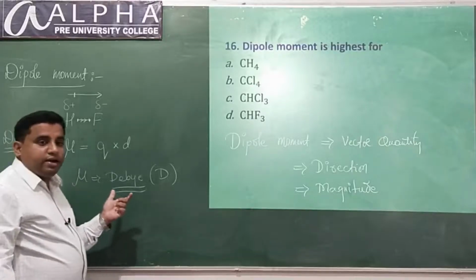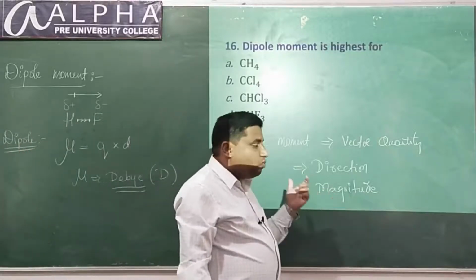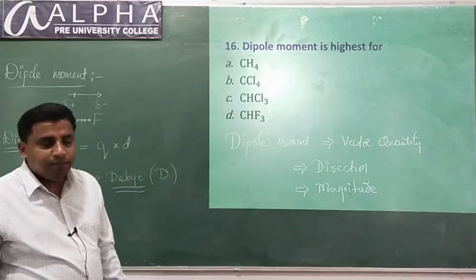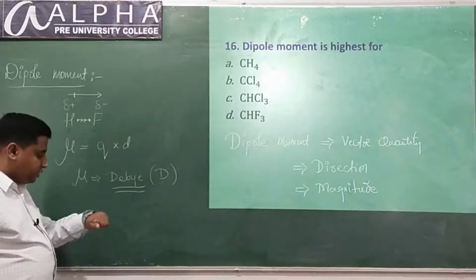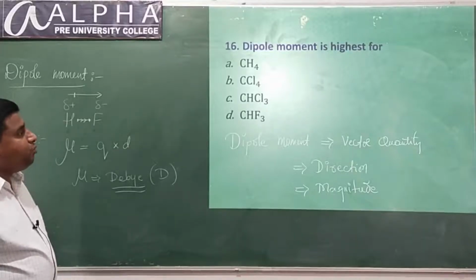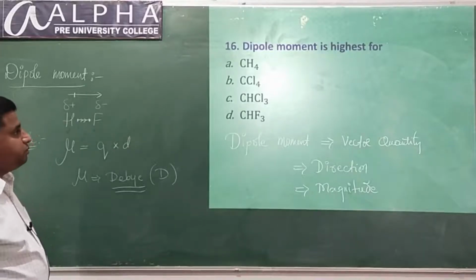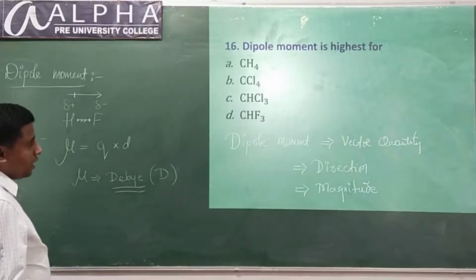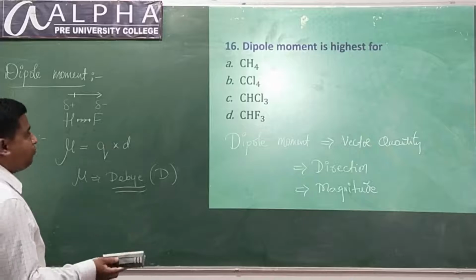So dipole moment is a vector quantity which involves both direction as well as magnitude. Now coming to the question: dipole moment is highest for which one? Methane, carbon tetrachloride, chloroform or fluoroform?